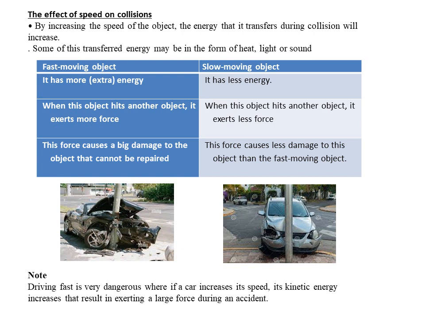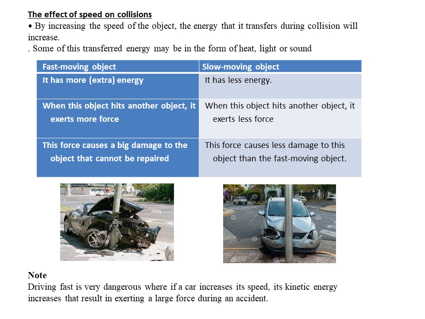So the fast object has more energy, while the slow moving object has less energy. When a fast object hits another object, it exerts more force. But when a slow moving object hits another object, it exerts less force.